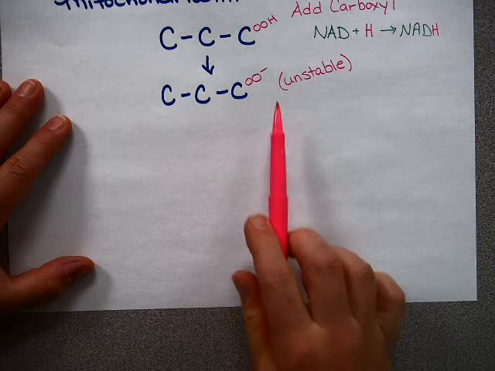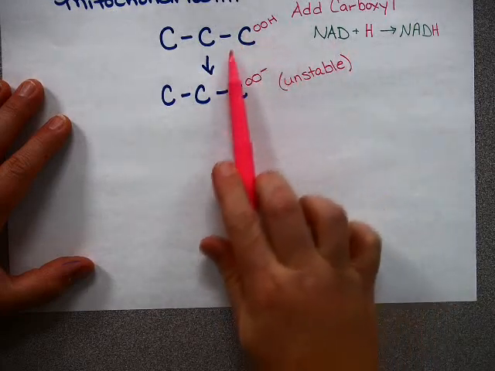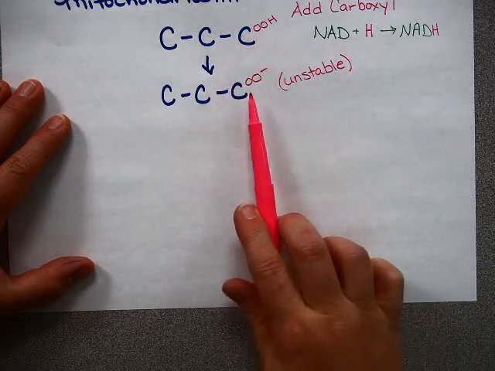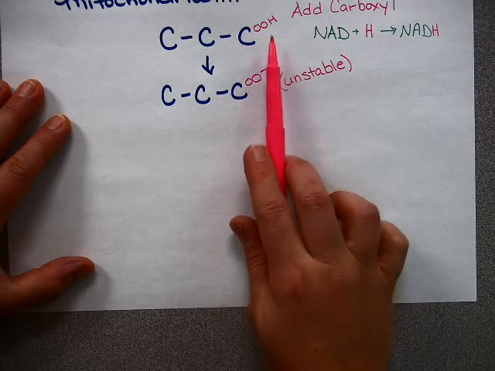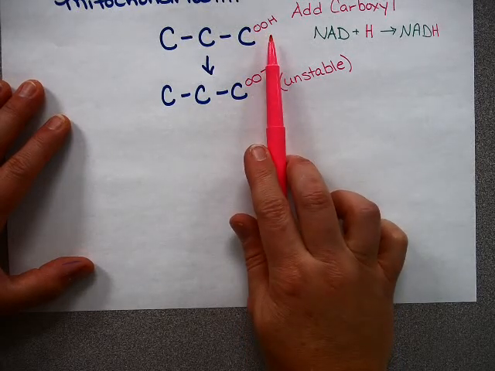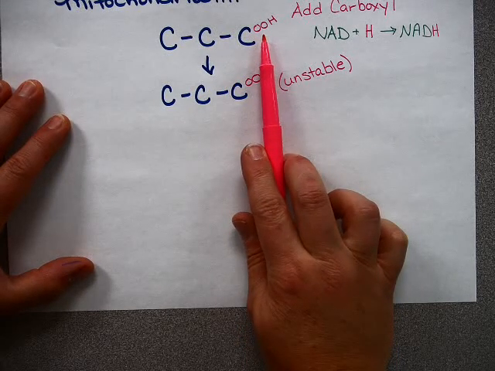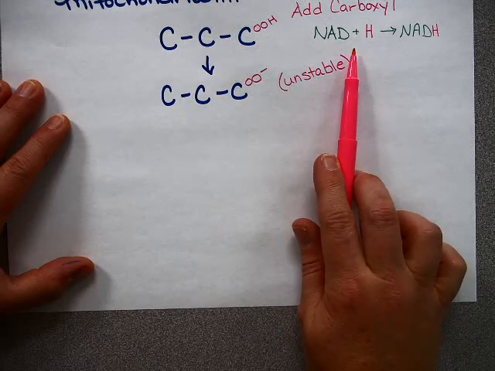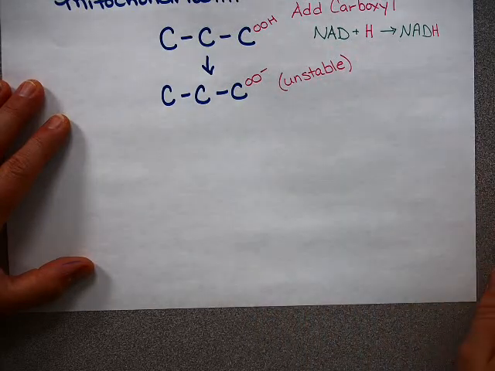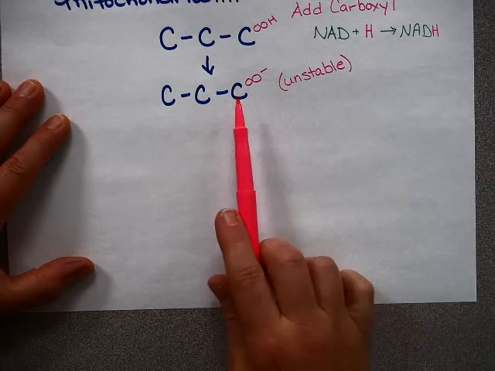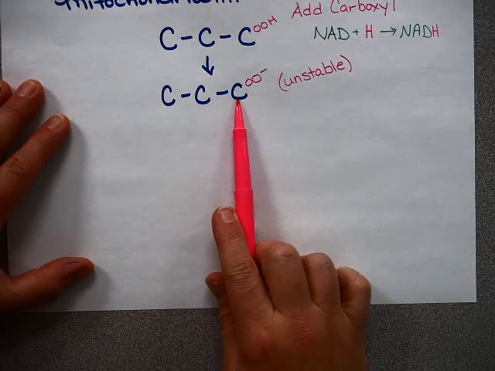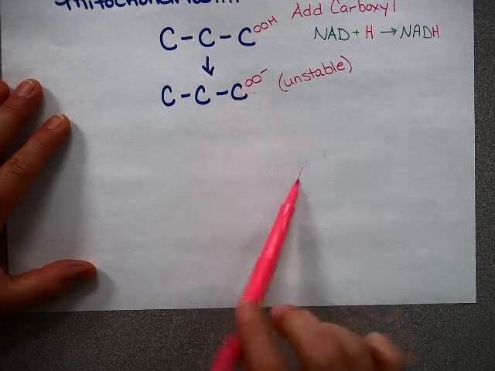And while I'm not going to test you on this little reaction right here, I wanted you to see this reaction. Number one, because here's the carboxyl group coming back to haunt us again. Number two, you can see an example of NAD grabbing an H. That's always good. And number three, you can see what happens right here.